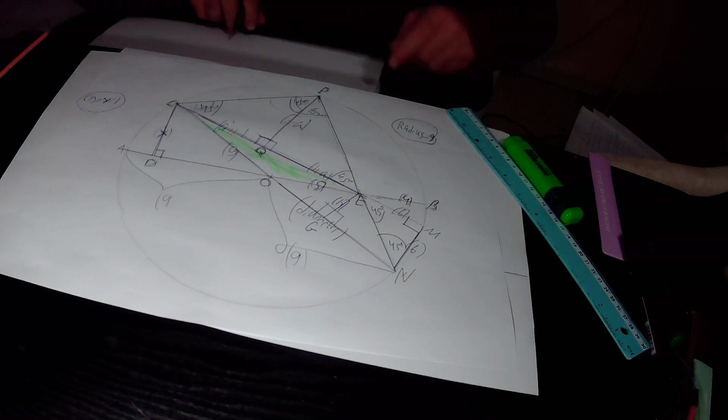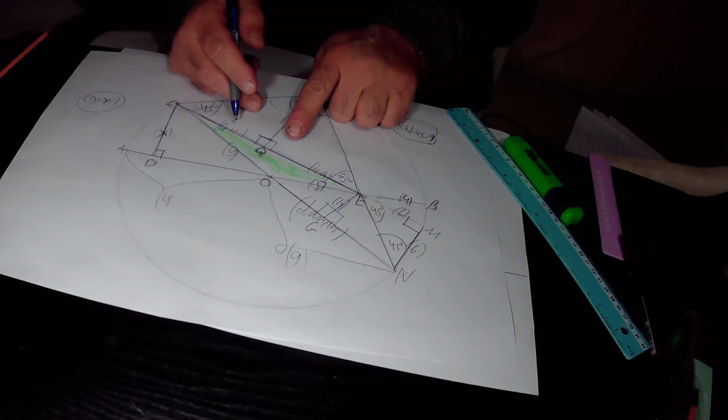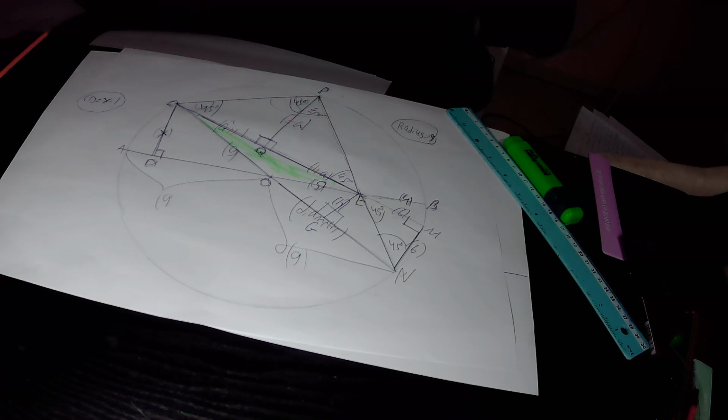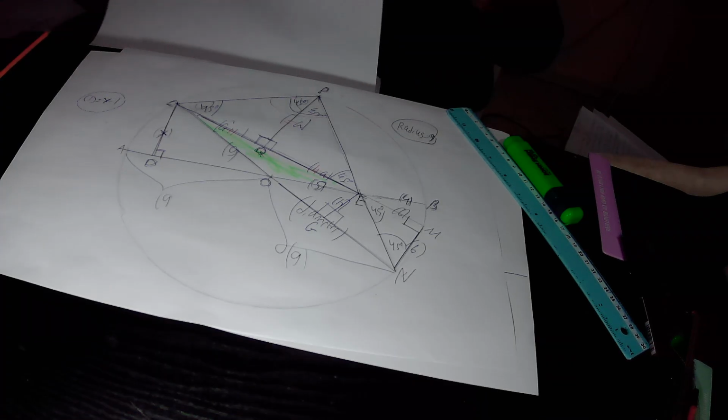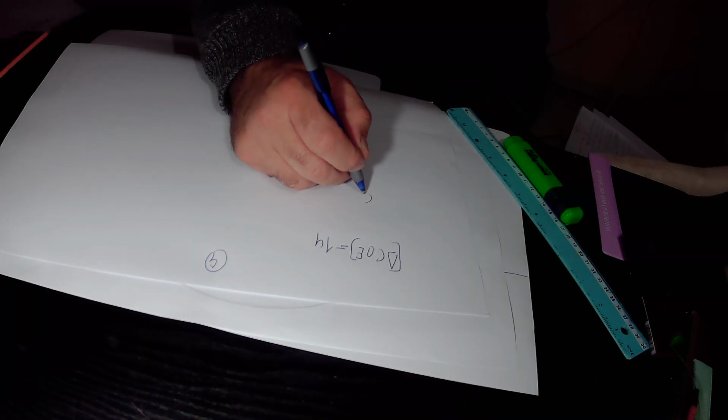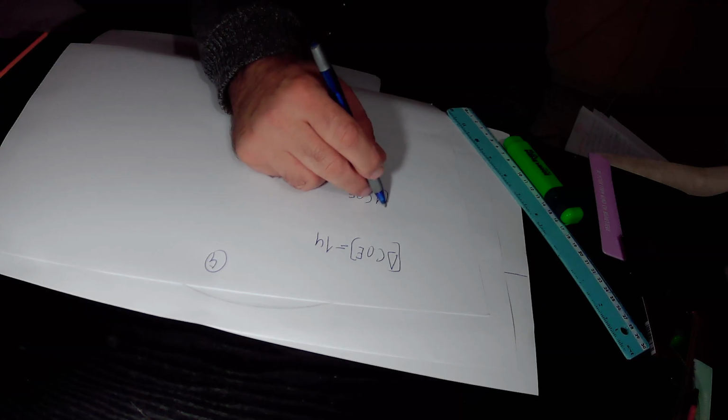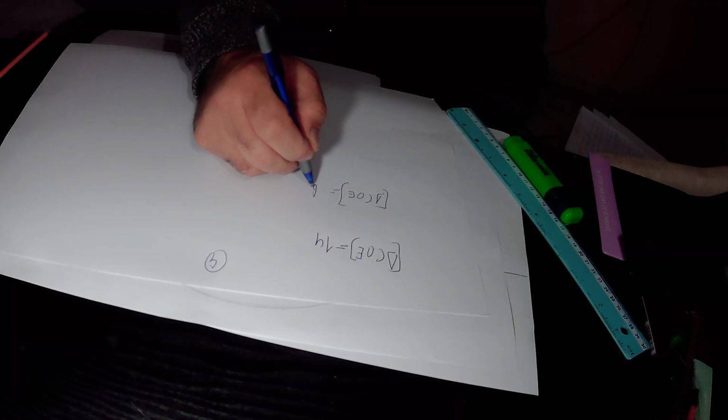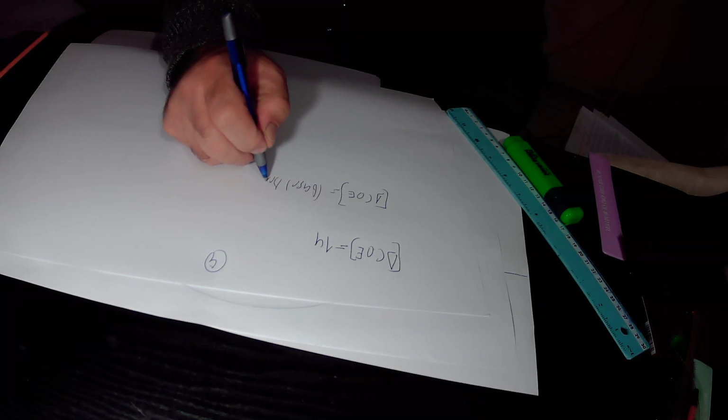In the next step, we calculate the area of this green triangle COE according to the rule that the area of any triangle equals the base of the triangle times the height over 2. The area of the green triangle COE equals the base of the triangle times the height over 2.